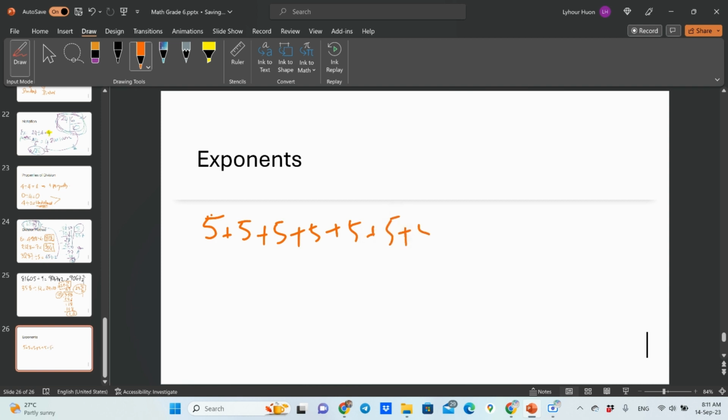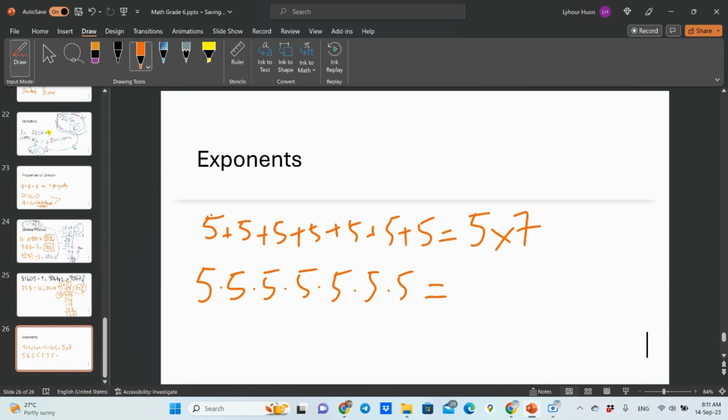So instead of adding over and over again, we use multiplication 7 times. Now, when we multiply 5 by 5 by 5 by 5, 7 times, we have another concept.